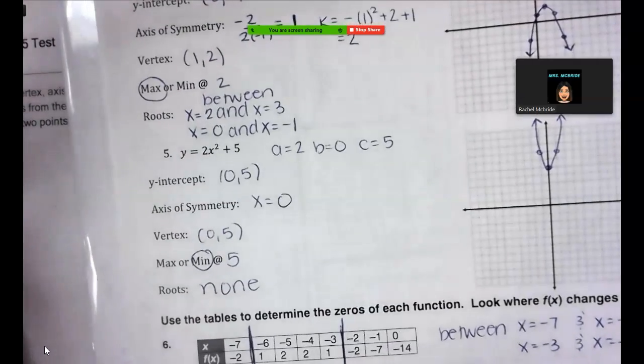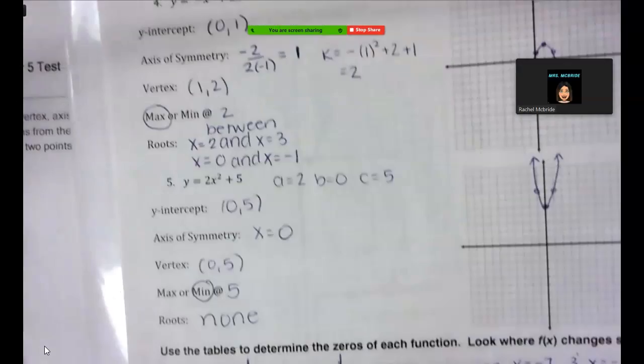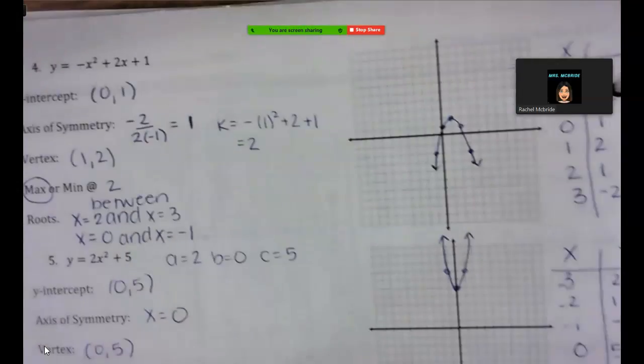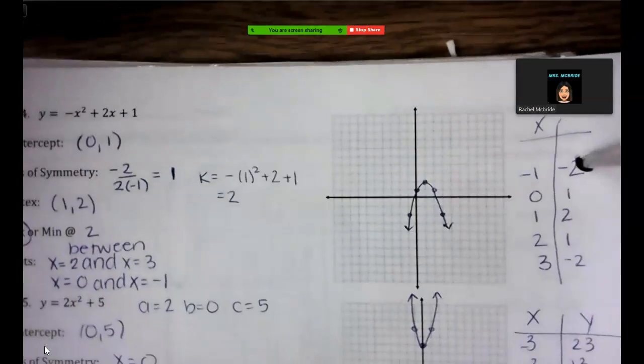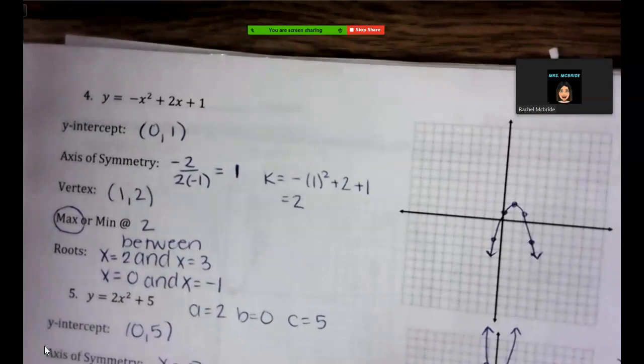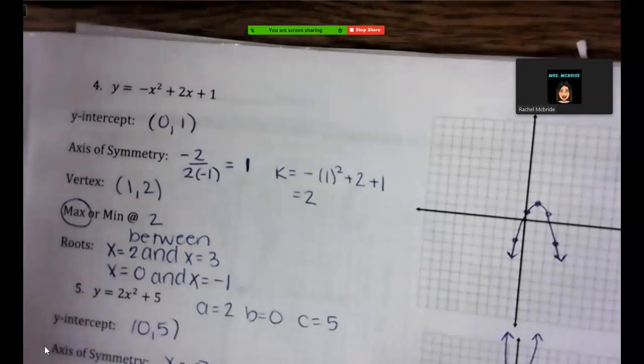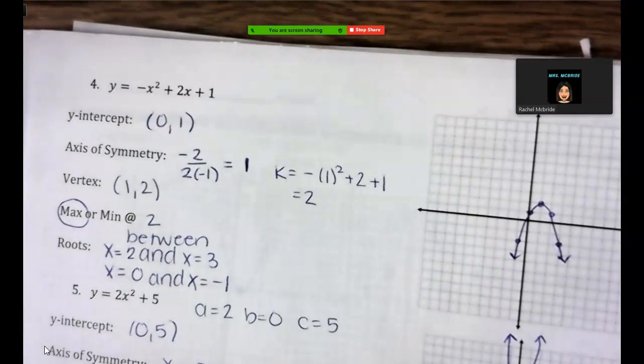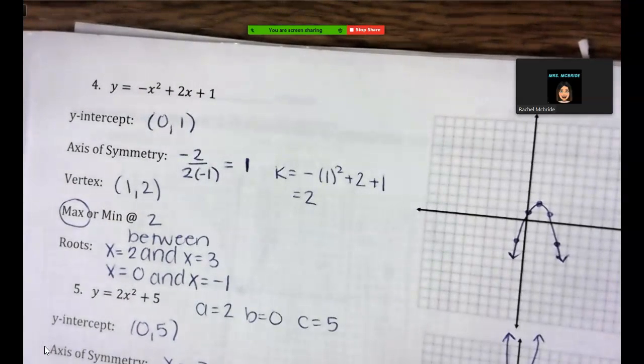Okay, on the back, we have a few more examples. So once again, you want to focus on those 5 key points: y-intercept, AOS, vertex, max or min, and roots.